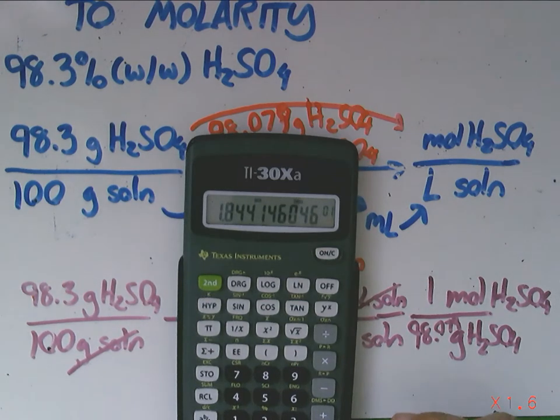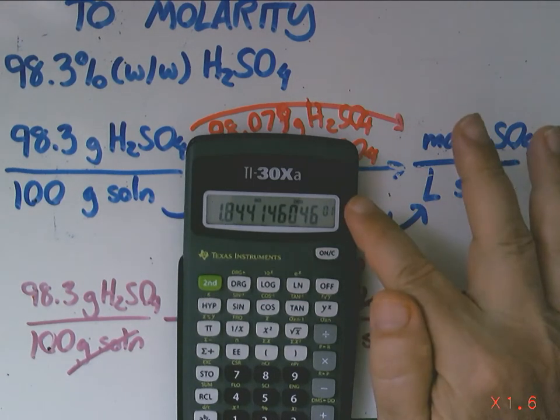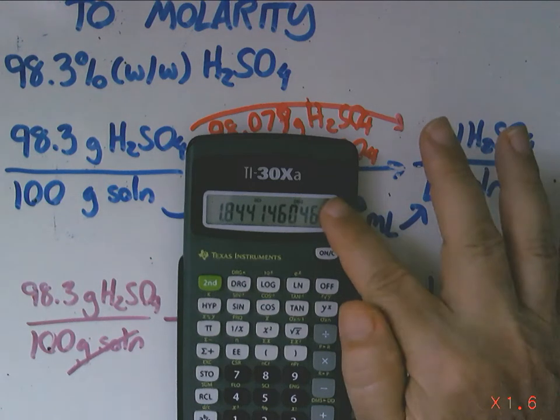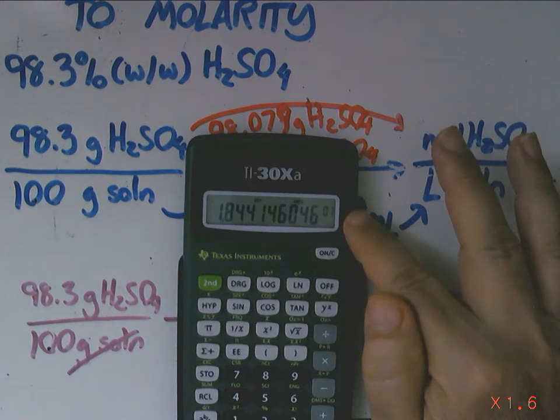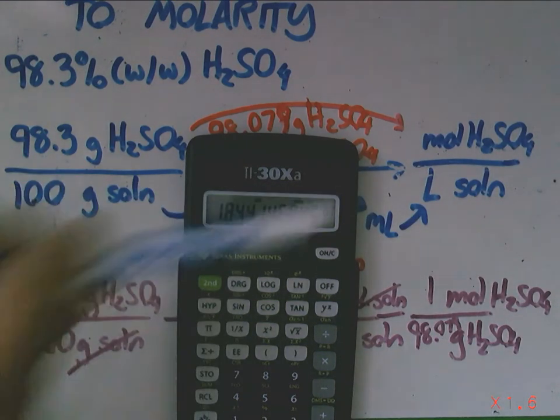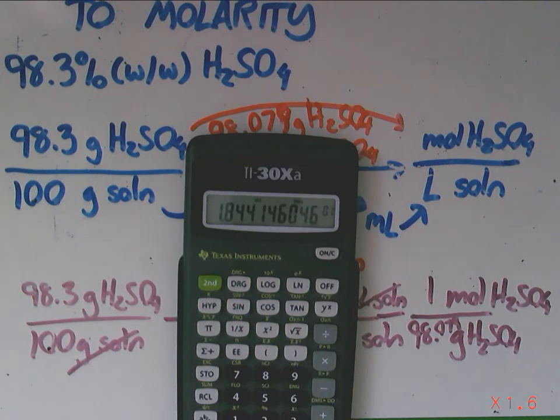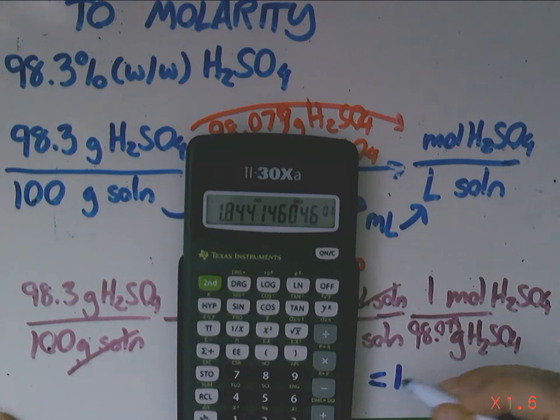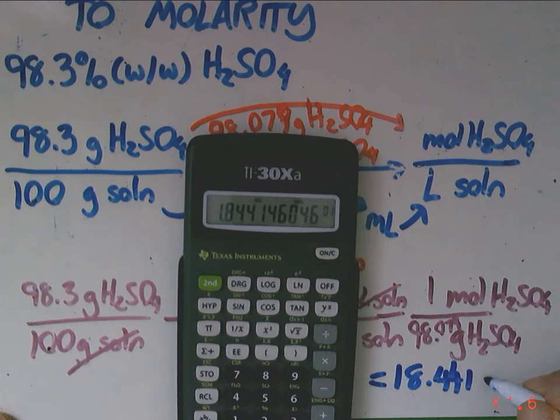And I did get pretty close to 18, right? Because there's a times 10 to the 1 there, so don't forget that. Don't just write down 1.844. You have to be very careful when you're doing calculations to consider your power of 10 if you've got one. So this would be 18.44 whatever, 146 moles per liter. I could write that as a capital M here, H2SO4.